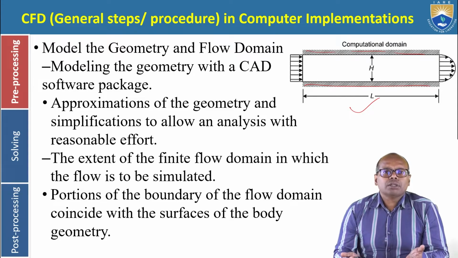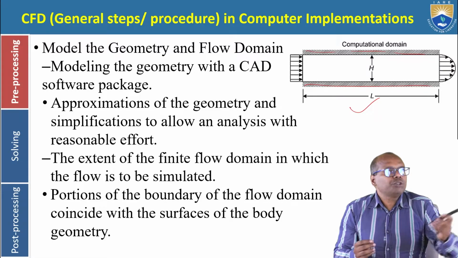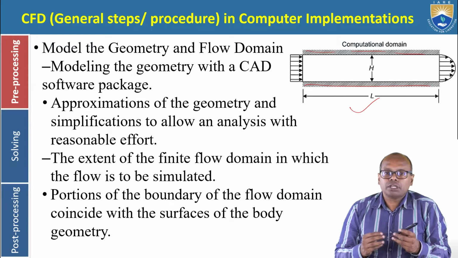Now you can ask me, sir, why previously you have shown the three-dimensional object, but here you have taken only a two-dimensional object? So that is the interesting question. Say suppose the fluid domain is between these walls, okay?